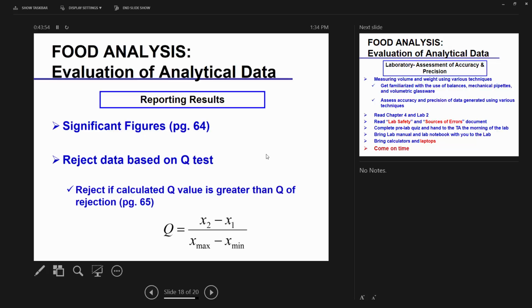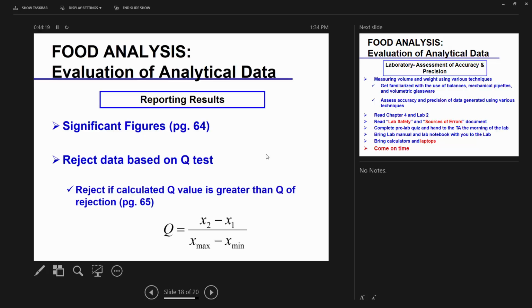Okay, reject data. So Q-test. It's a very simple test, and there is a table on page 65 in your book for tabulated Q values. Again, you select the Q value based on your replication and the confidence that you want, 90%, 95%, and the number of replications. So you get a value from that table.